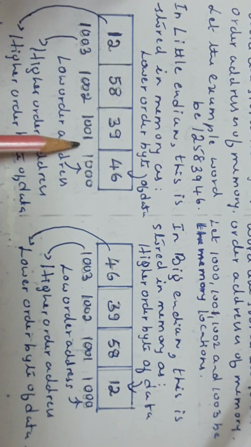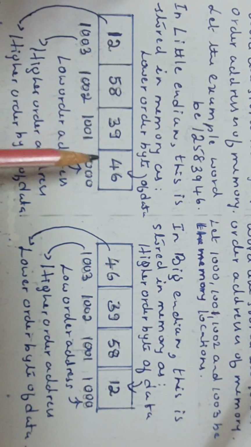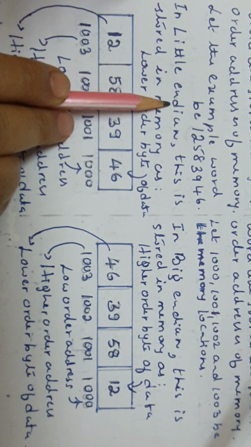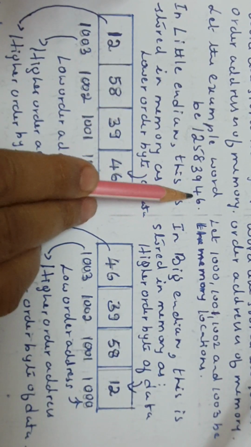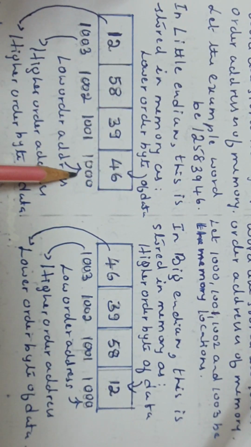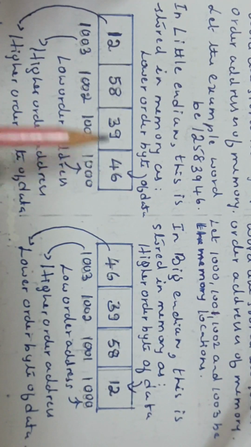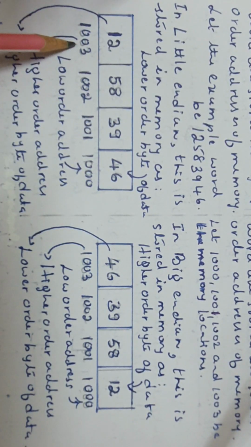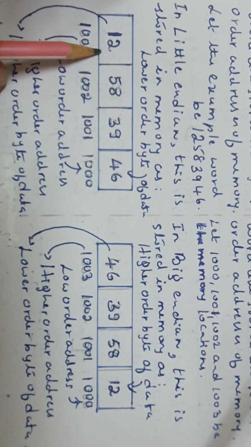So first, what is endianness? The order in which bytes of a word are stored in memory is endianness. Little-endian means the lower order byte of the word is stored in the lower order addressed memory location, and the higher order byte of the word is stored in the higher order addressed memory location.